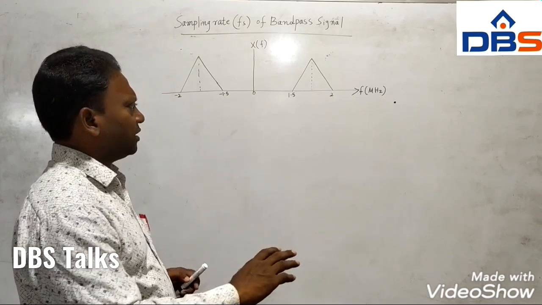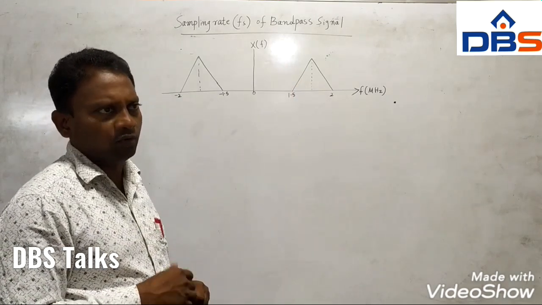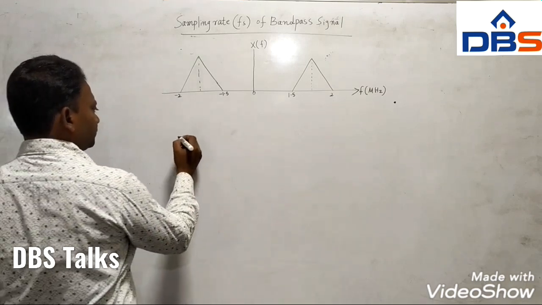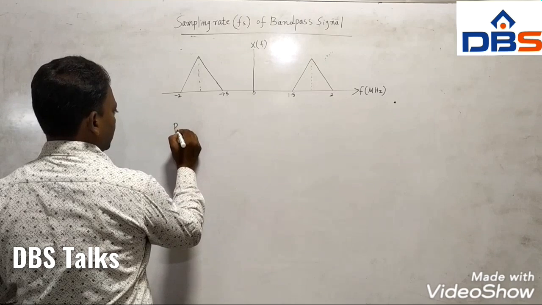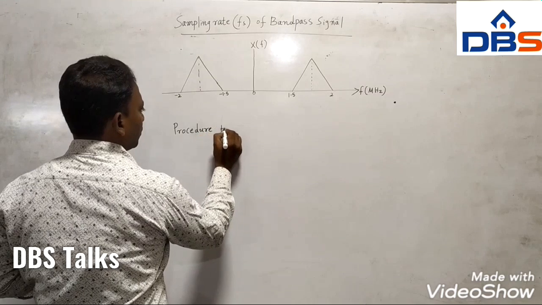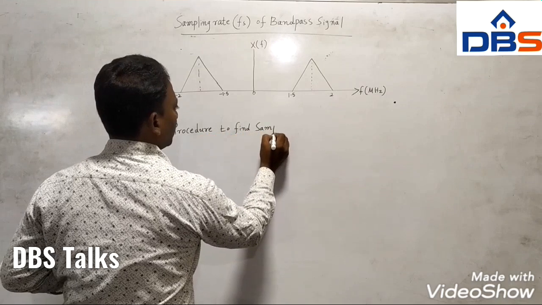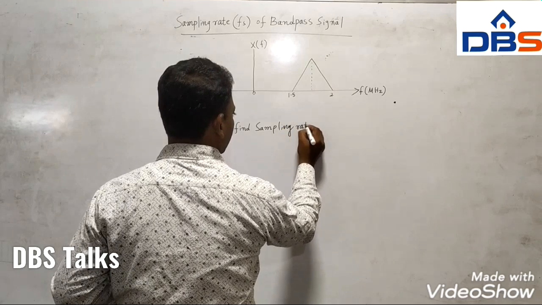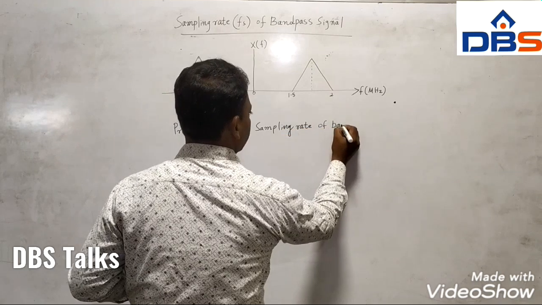First of all, we have to understand what the sampling rate of a band pass signal is, and how to find it. There are some steps. First, the procedure to find the sampling rate of a band pass signal.